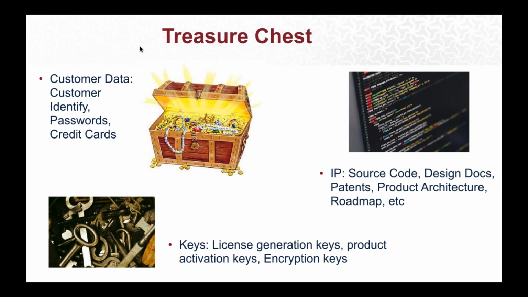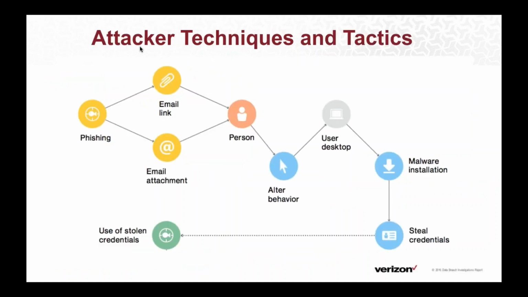So what are their techniques and tactics? It primarily starts with phishing. They would do social engineering and craft emails aimed at a specific set of individuals to prompt them to click on it. Once it is clicked, the payload gets downloaded on their desktop or laptop, and the user won't know it.